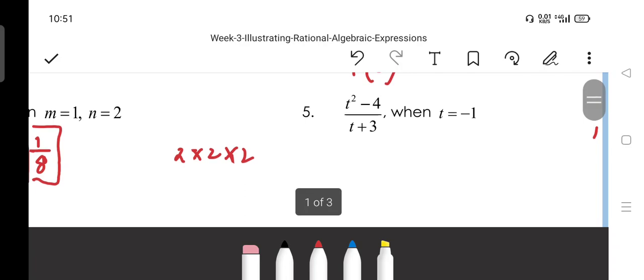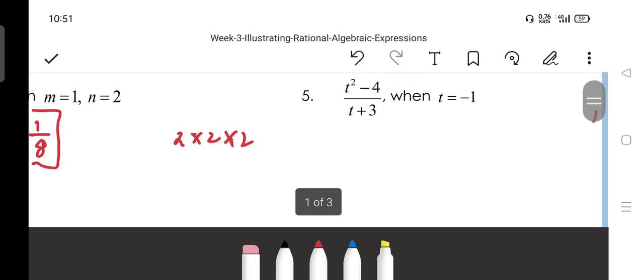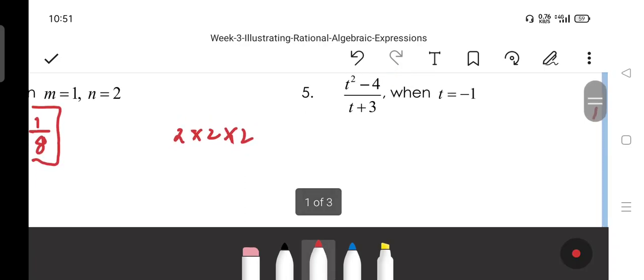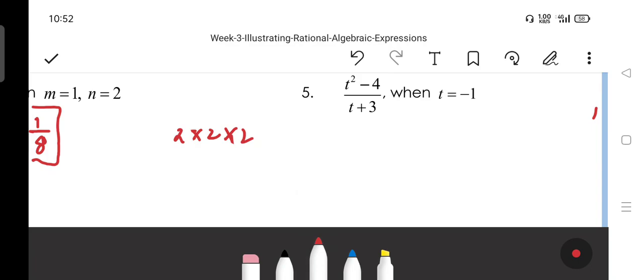And for number 5, we have t squared minus 4 all over t plus 3 when t is equal to negative 1. So, t squared, we have here negative 1 squared minus 4 all over negative 1 plus 3.